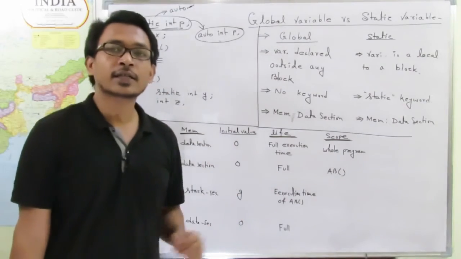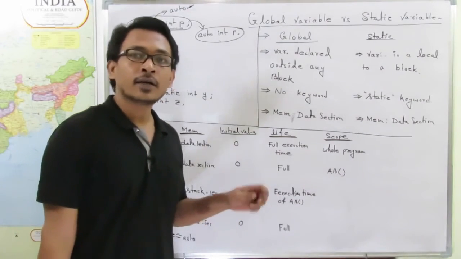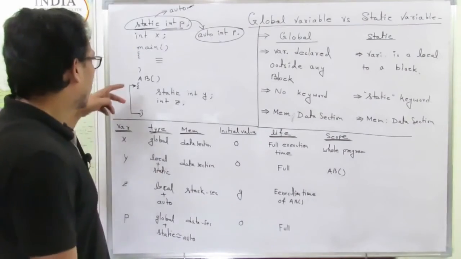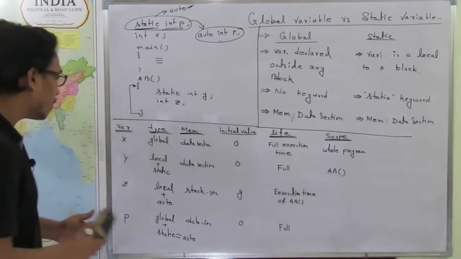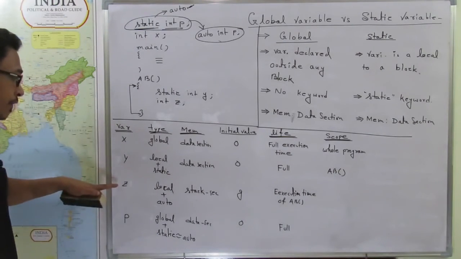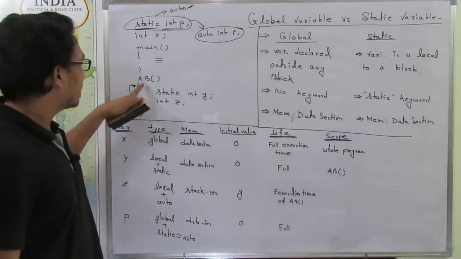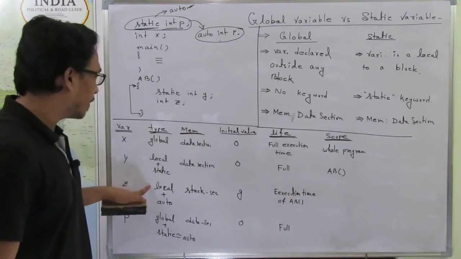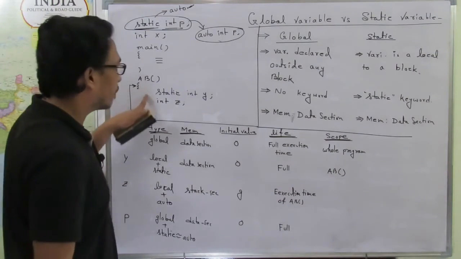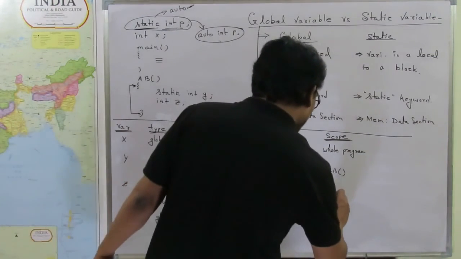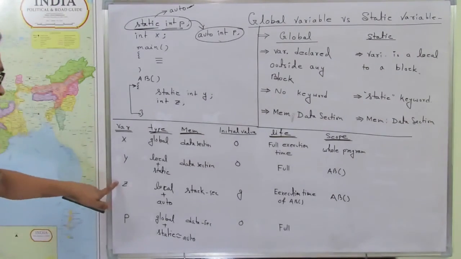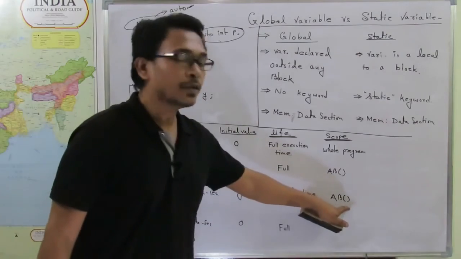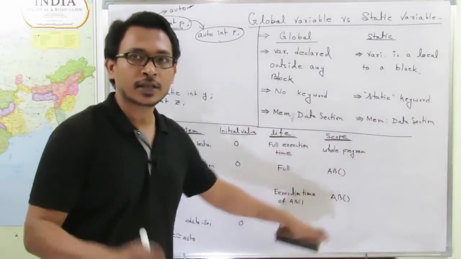Clear? Now coming to the variable z. z is a local variable, so it is accessible only from this function. The scope of z is the block in which it is declared, that means the AB function itself.